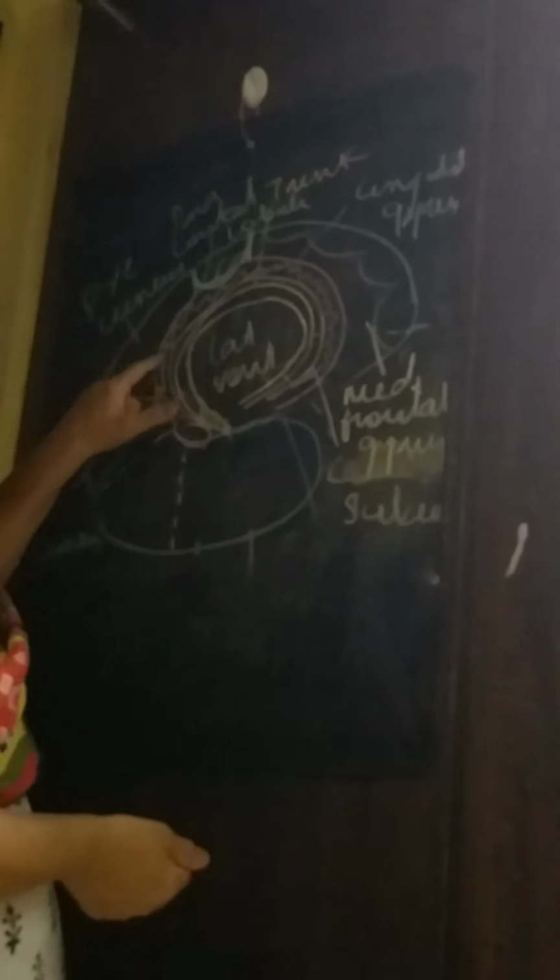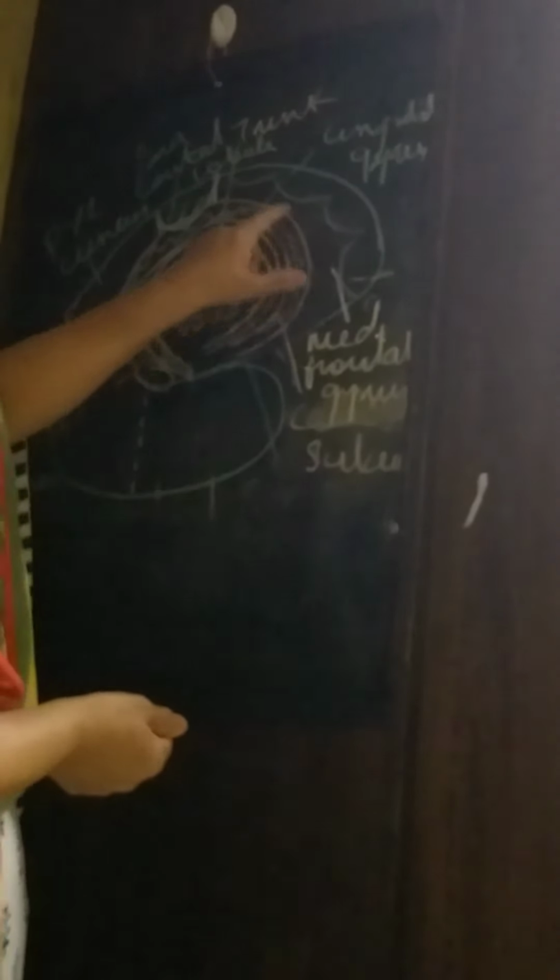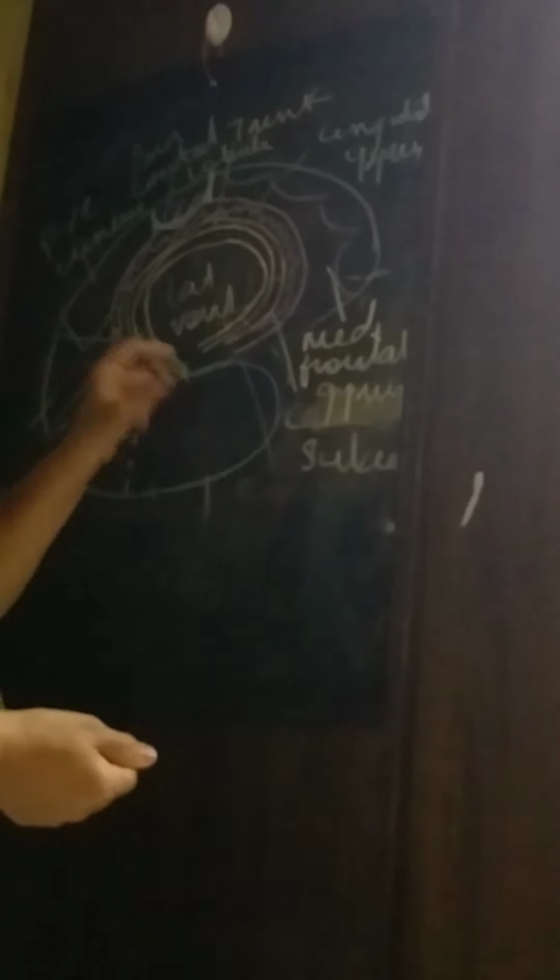Surrounding the callosal sulcus is present a gyrus called the cingulate gyrus. And surrounding the cingulate gyrus there is another sulcus, which is called the cingulate sulcus.